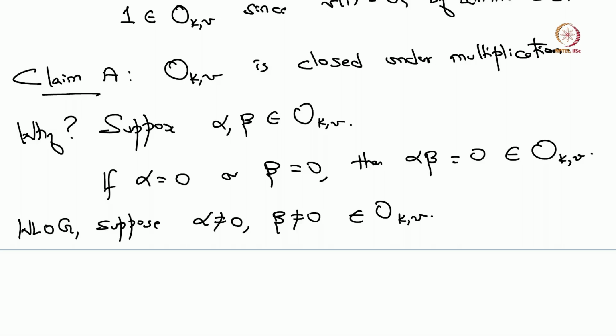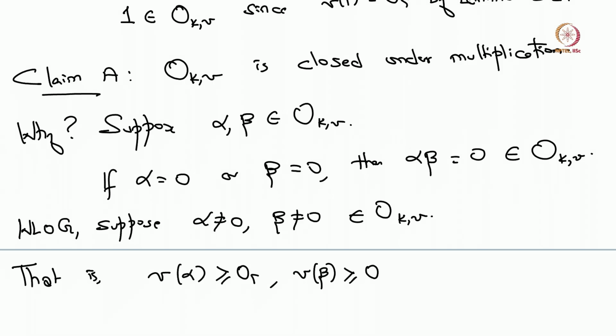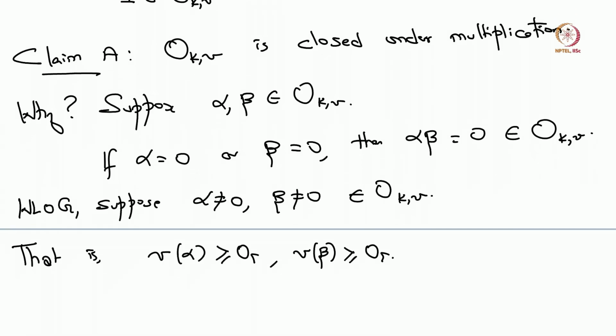So what does it mean for a non-zero element to belong to OKV? The valuation of alpha is larger than or equal to the identity element of gamma, and the valuation of beta is larger than or equal to the identity element of gamma.